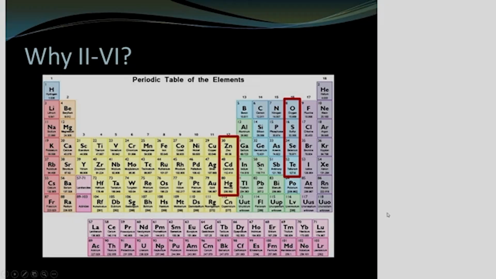So, there are these II-VI materials, which are semiconductors rather. These II-VI semiconductors are important because they have sp hybridization, and along with this they have a zinc blende structure.